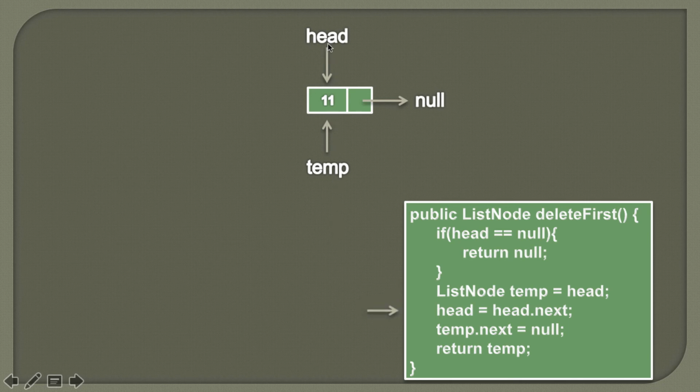Then we simply traverse head to its next because we want to delete this node. By assigning the value head dot next to head, what will happen? Head is pointing to this node and its next is pointing to null because this is the only node left in our singly linked list. So now head will point to its next, which is null.